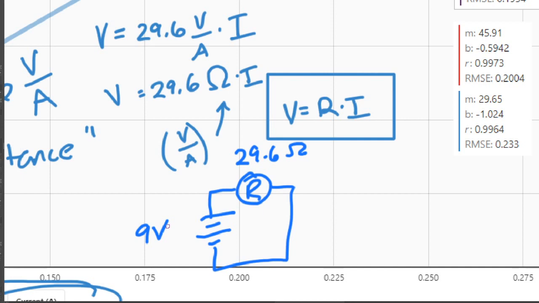So one of our 9-volt batteries. If we were to attach a 9-volt battery to a single round bulb, what would the current flow be? This would be the sort of question I could ask you here. So how would we solve for that?